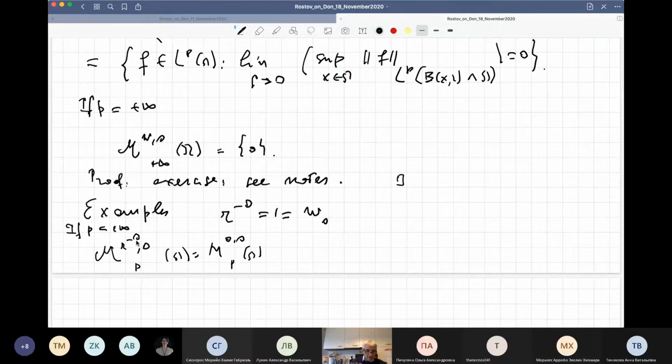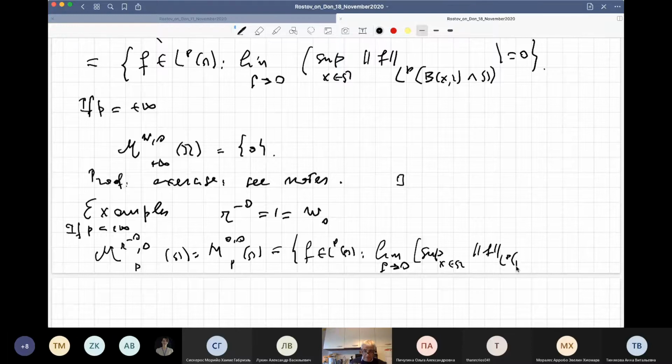Let me remind you that this corresponds to the weight here, the first one. And here it corresponds to, remember, the W lambda with lambda equal to 0 is M0. And the second 0 means the vanishing Morrey, okay? It is the set I just copy here of f in LP omega such that the limit as rho tends to 0 of the supremum over x in omega of the LP norm of f on B(x, r) intersection omega is equal to 0.